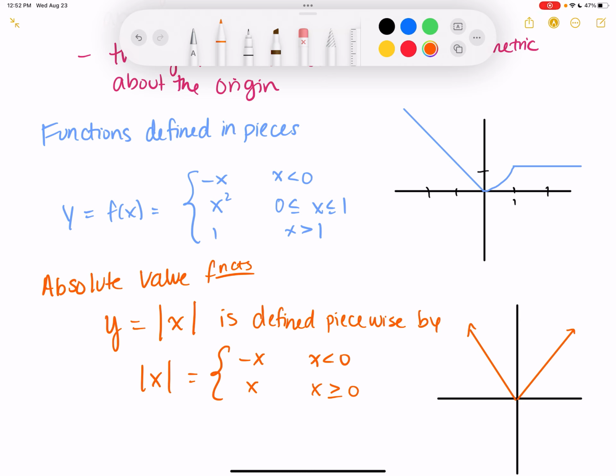So for x less than 0, it's negative x, so it's kind of the same thing that was up here. And then for x greater than or equal to 0, then x is just a positive slope there. So absolute values always have two answers. One of them is always positive and one is always negative, so that's where they're getting the v part from.